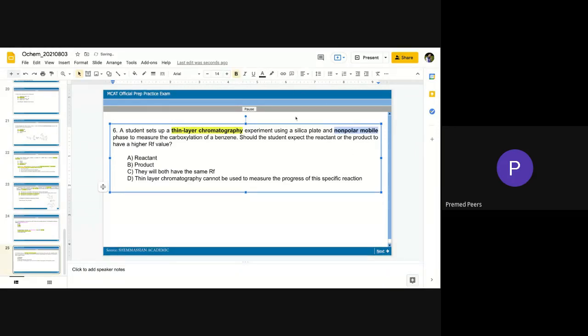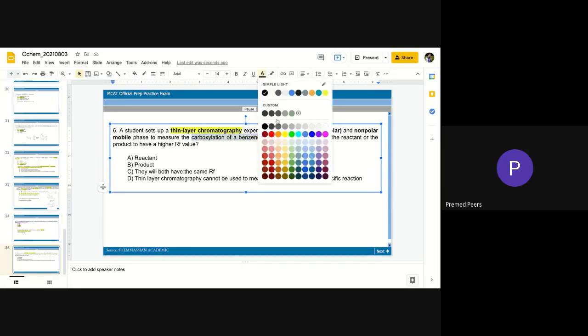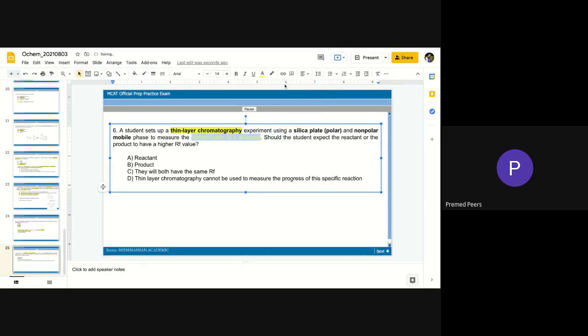Then I'm like, cool, that means that our stationary phase is polar, huh? And then we look into the reaction. The reaction talks about carboxylation of benzene.